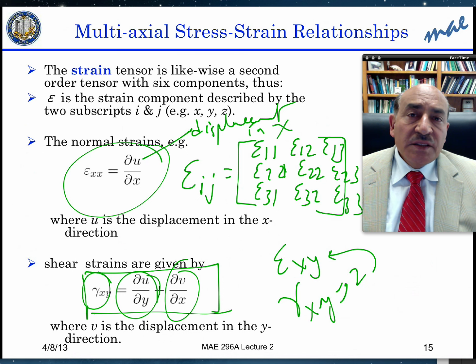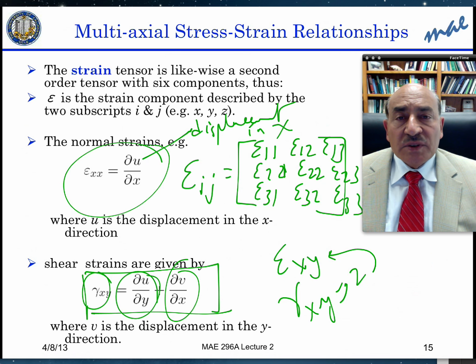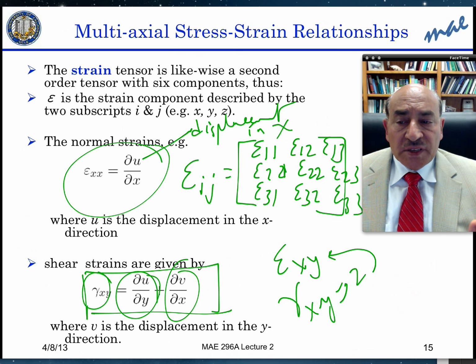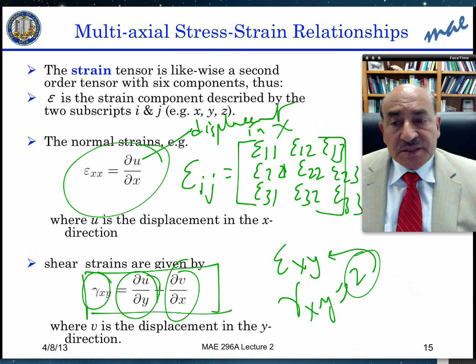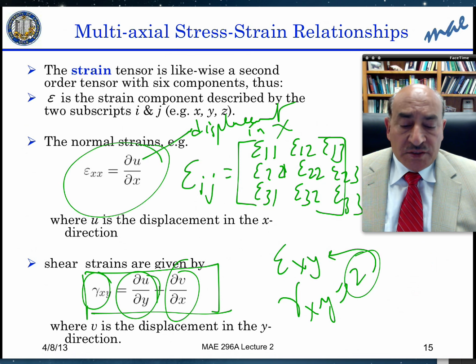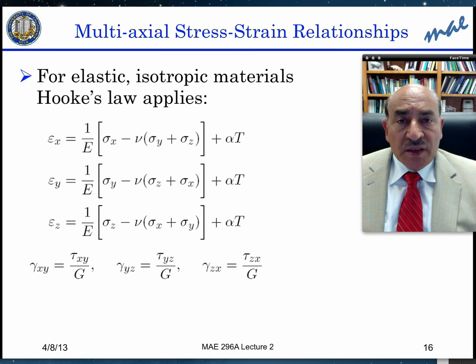One is du by dy, and the other is dv by dx, and each one measures the deviation angle from the corresponding axis, either x or y. So when it is symmetric, the 2 angles add up to a factor of 2 here. Going a little bit fast because this is already in your strength of materials course.